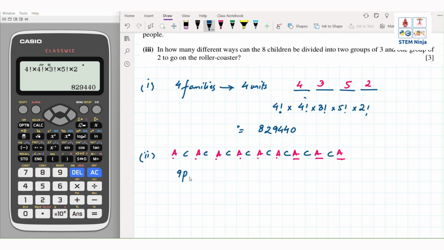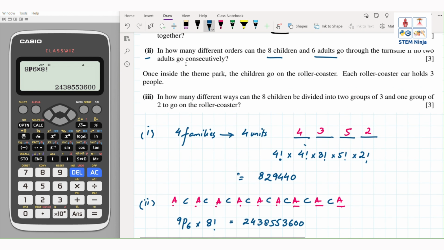So 9P6 basically, times the children, 8 factorial. So 9P6 times 8 factorial, that would be this huge value: 24385536000.